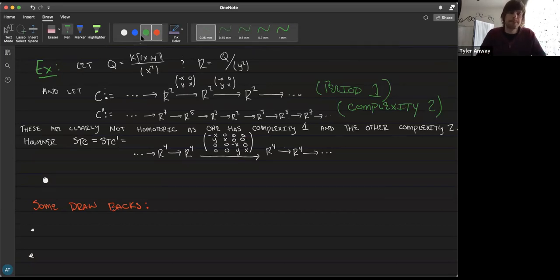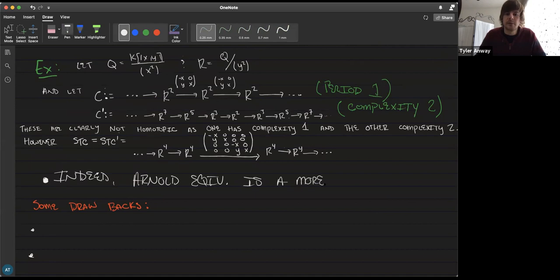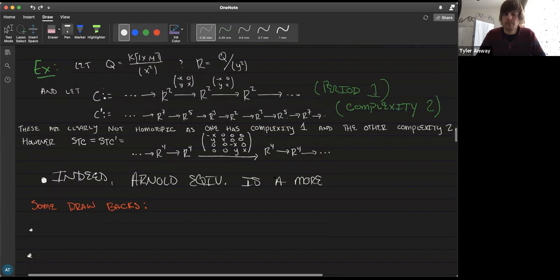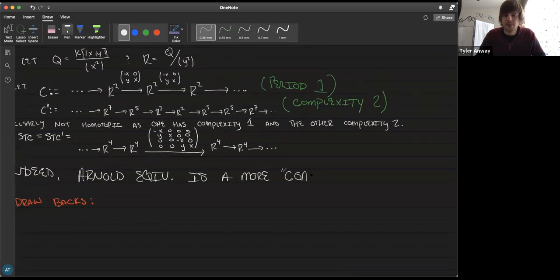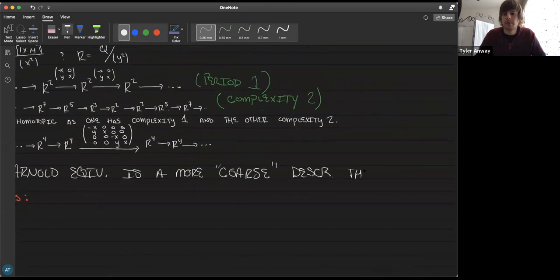So indeed, Arnold equivalence is a, I'm going to say, coarse description of homotopy.